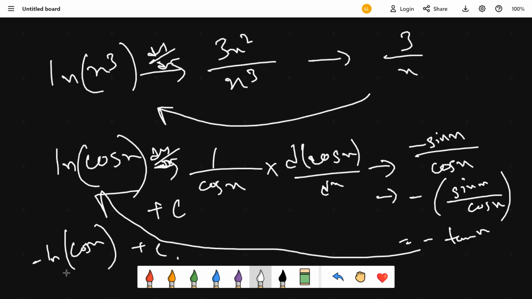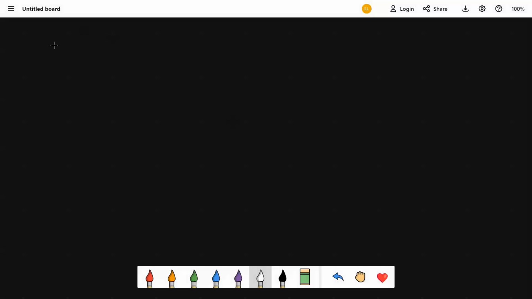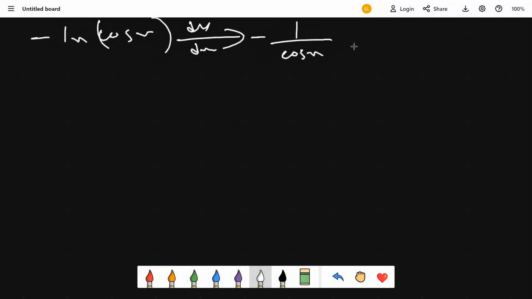Let's differentiate this again. Negative of ln cos x. Differentiating this, or dy by dx, gives us, we will keep the negative in front, bring whatever was inside into the denominator, and multiply by the differentiated value of the inside function.